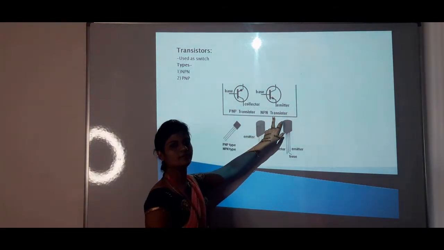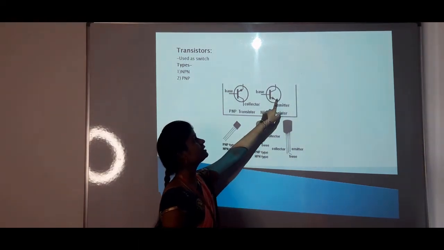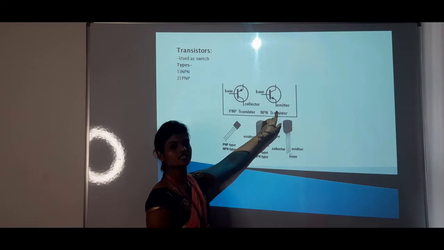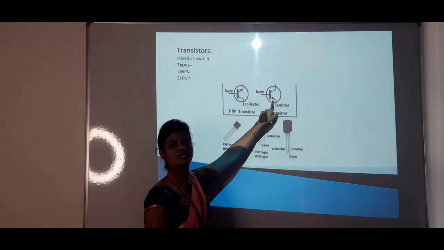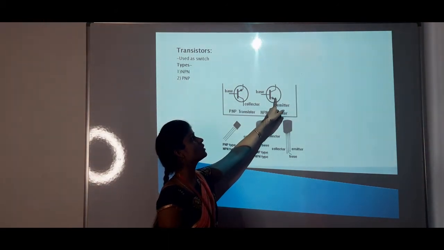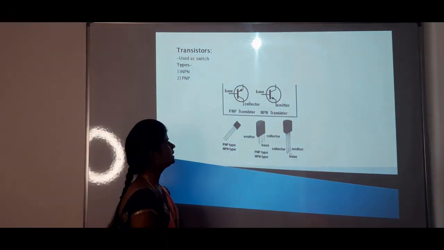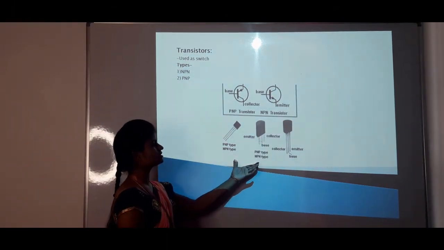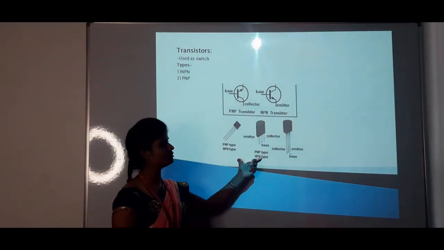And in case of the NPN transistor, the arrow mark is represented in the downward direction, that means towards the emitter terminal. That means this arrow mark represents the direction of the current which flows from the emitter terminal.